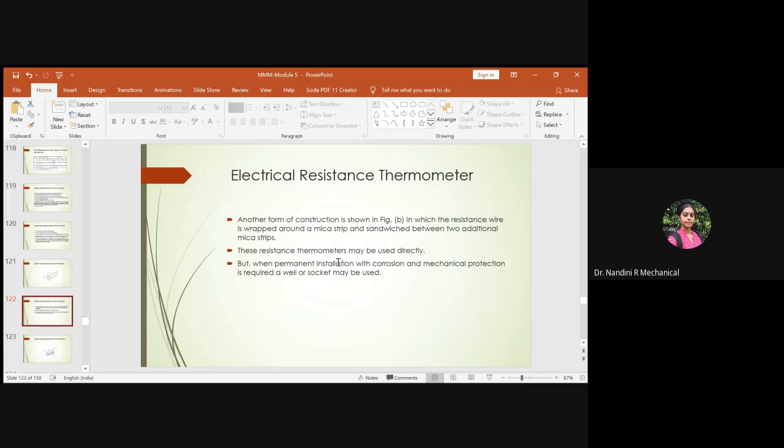If it is just for temporary purpose, then there is no need to focus much on packaging the device, right? But if it has to be used for a longer run in some applications, or to evaluate results at high temperature where human intervention is not possible, then you have to be careful in selecting a proper packaging device so that it can be permanently installed and will be corrosion free with the change in temperature, and you can easily get the variation in the resistance over the whole temperature range you have set.